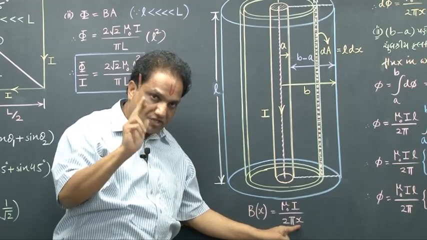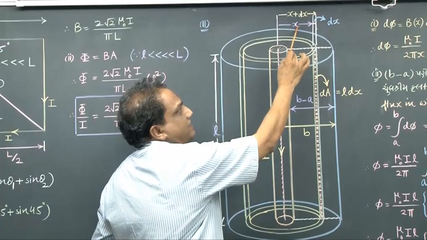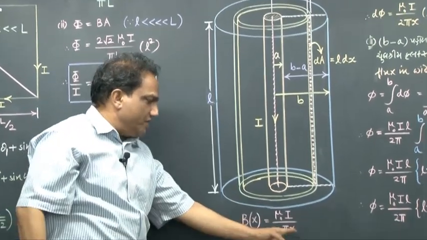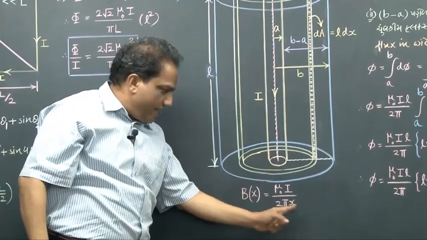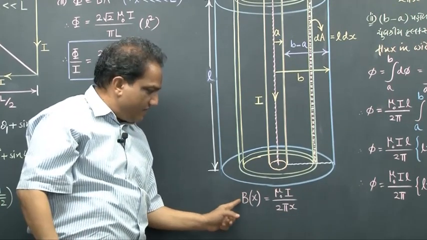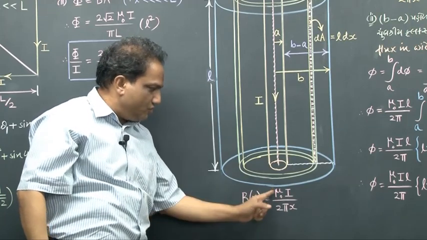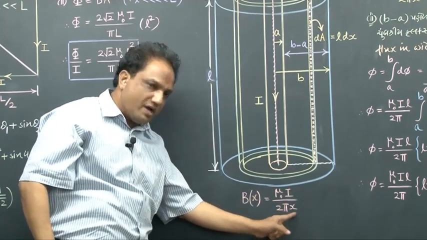Instead of perpendicular distance y, I am taking perpendicular distance this much, which is x. So instead of y, I am putting here x. As this x will change, this magnetic field will change. So right now magnetic field is a function of x, B as a function of x, it is mu 0 I upon 2 pi x.